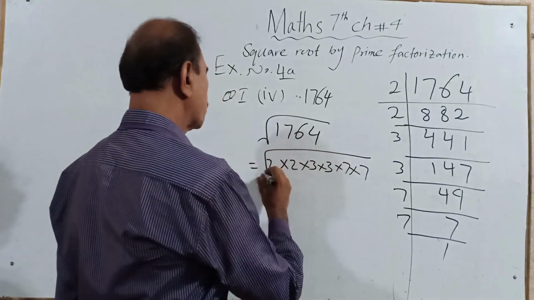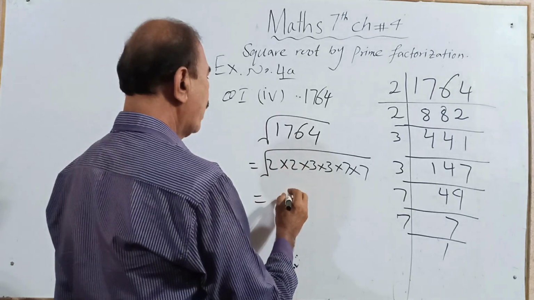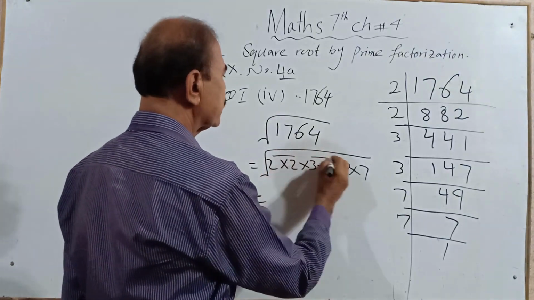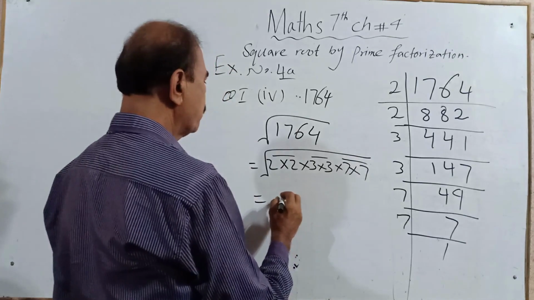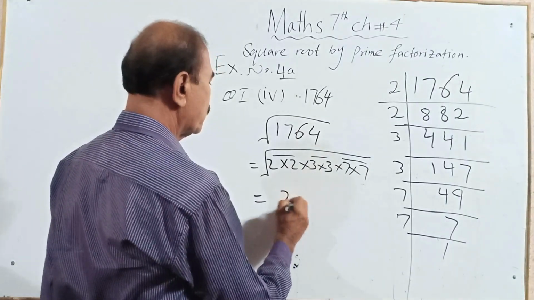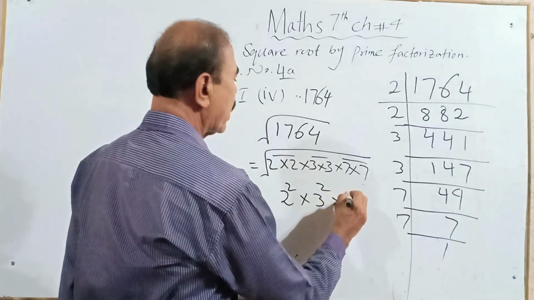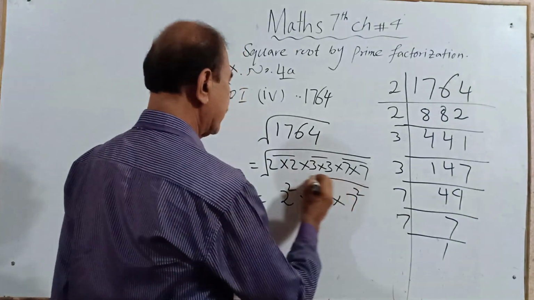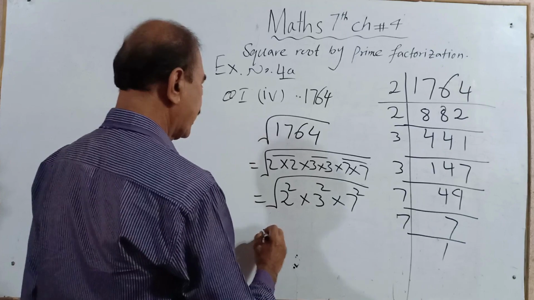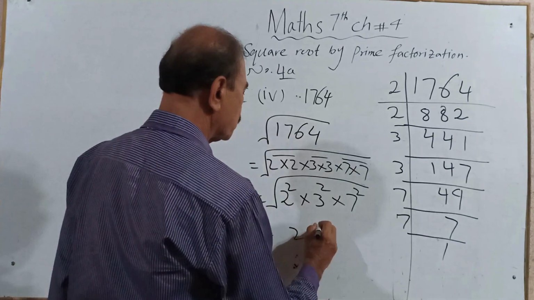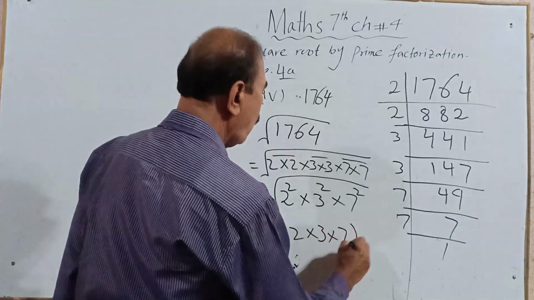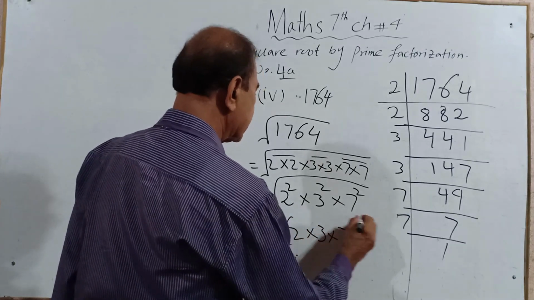Now from here this is a pair, this is a pair, this is a pair. We have 3 pairs. It's 2 power 2 multiplied by 3 power 2 multiplied by 7 power 2, under the square root. Now we can write 2 into 3 into 7 whole power 2, square root.